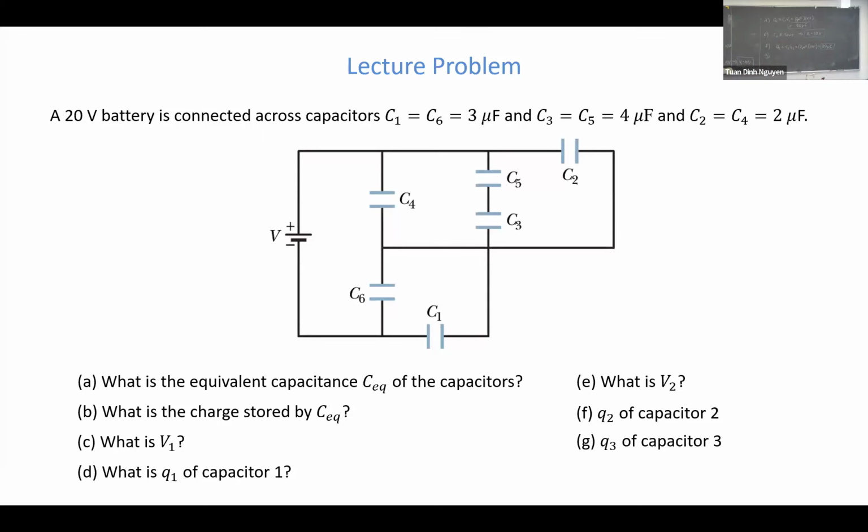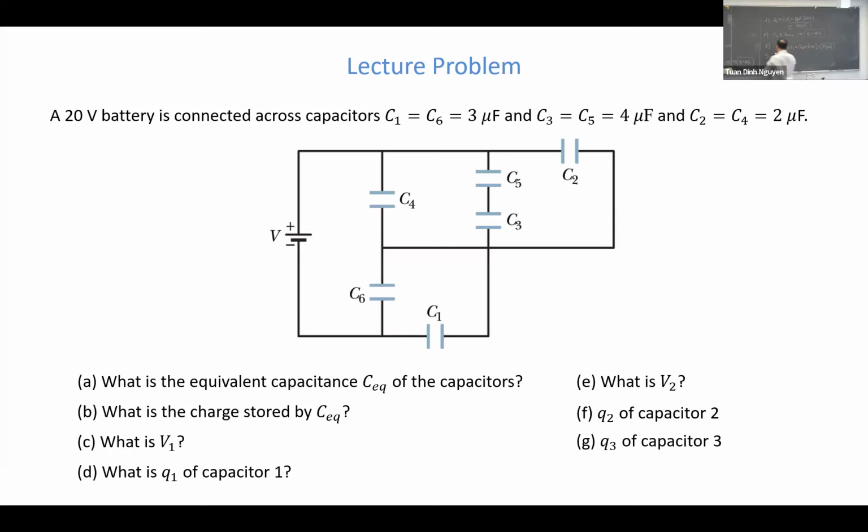Same charge. Parallel has the same voltage. Series has different voltage, same charge. But we're trying to find the charge. So if we can find the charge across this combination, it'll be the same charge.